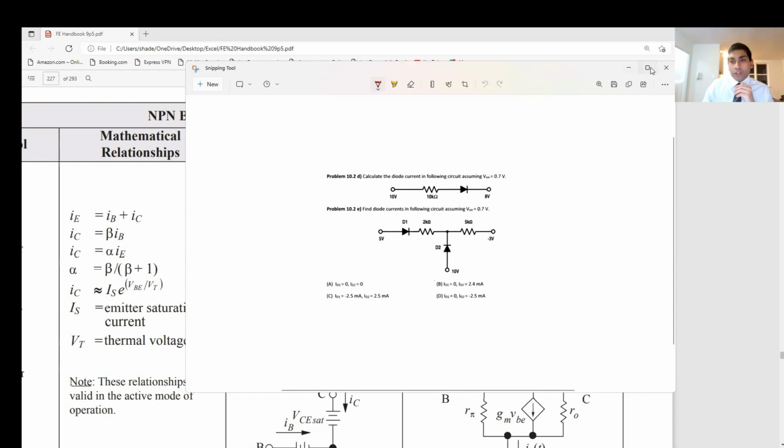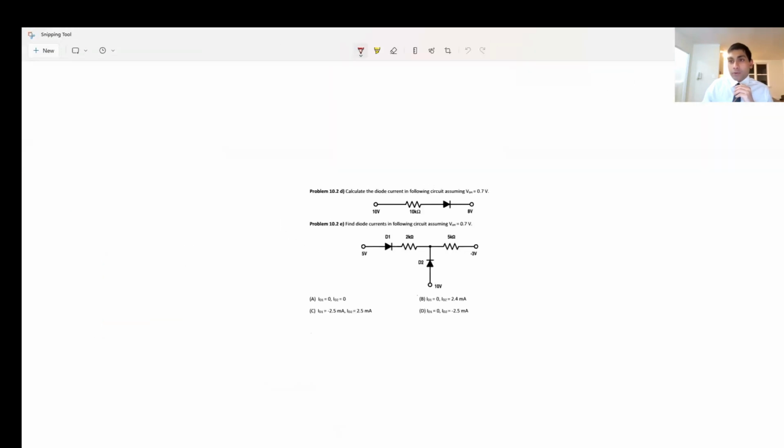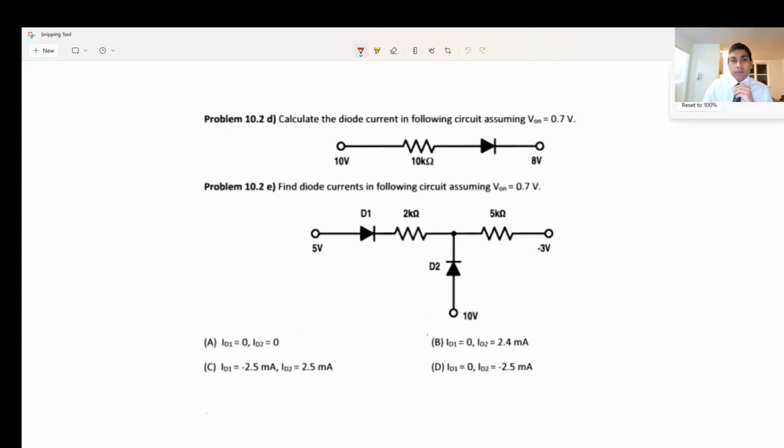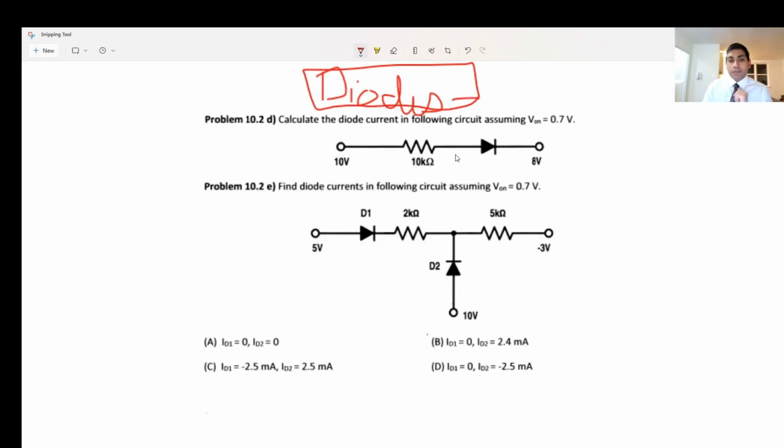So these are the two questions that I have with me related to diodes. And as usual, I'll give you a 5-minute timeline, and within that timeline, you could try solving it. After that, I'll just keep this question over here. So if you're watching this video, you can practice it in real time in 5 minutes.